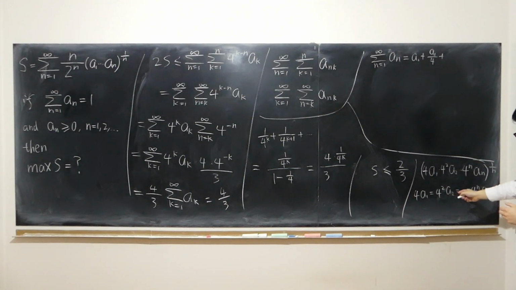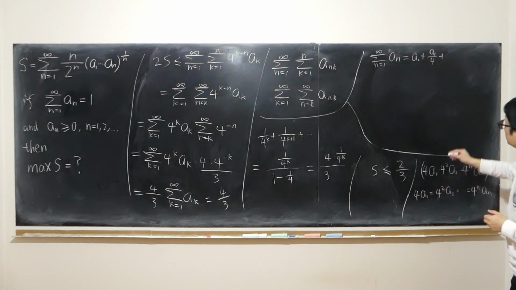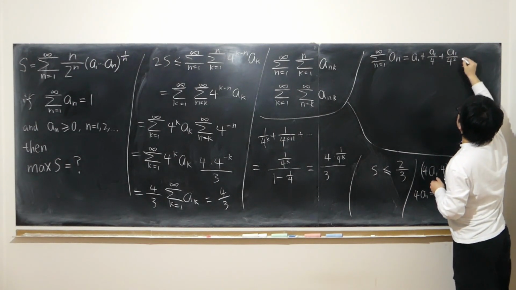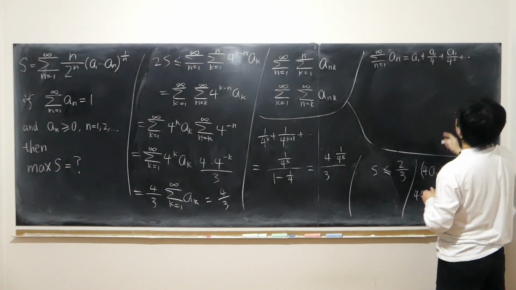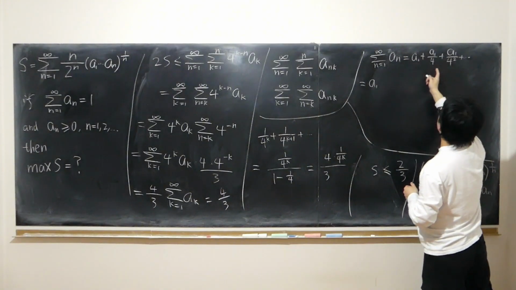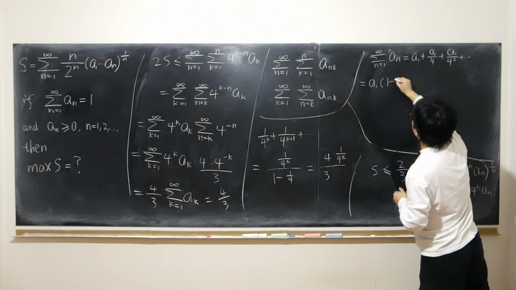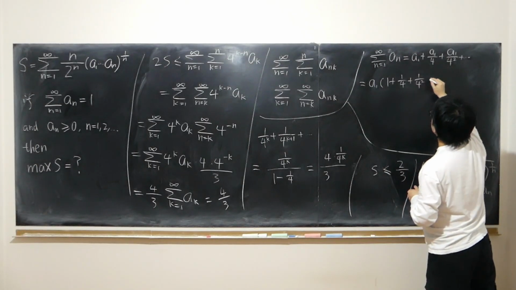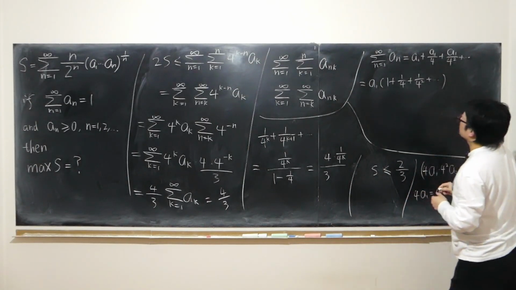Right? a3, so it equals 4 to the power of 3 times a3. So a3 has to be a1 over 4 to the power of 2. Right, all the way. So this is immediately a1 factored out: 1 plus 1 over 4 plus 1 over 4 squared all the way.